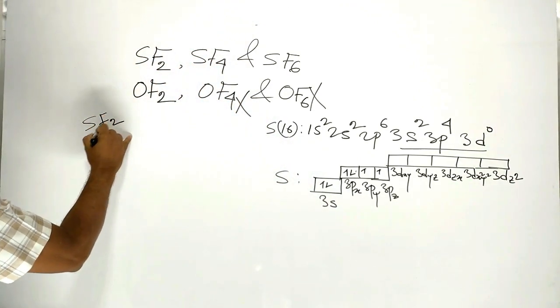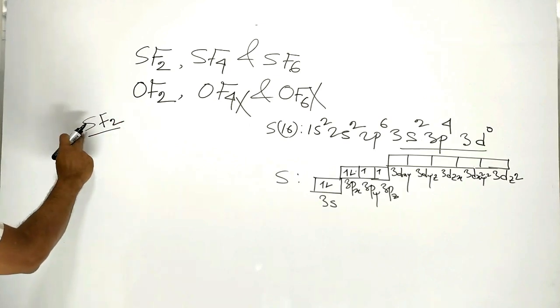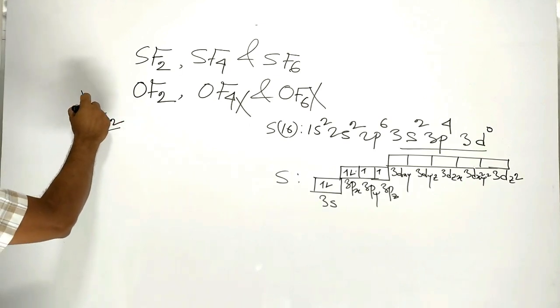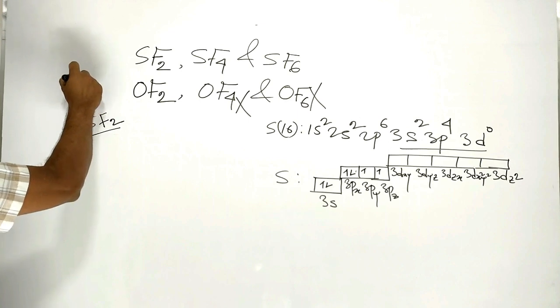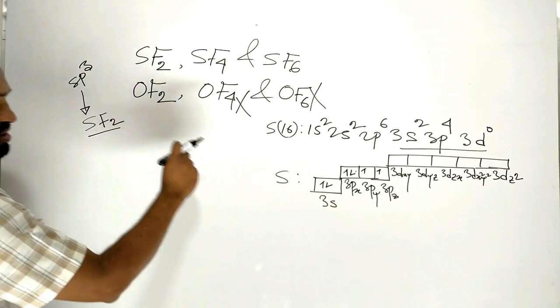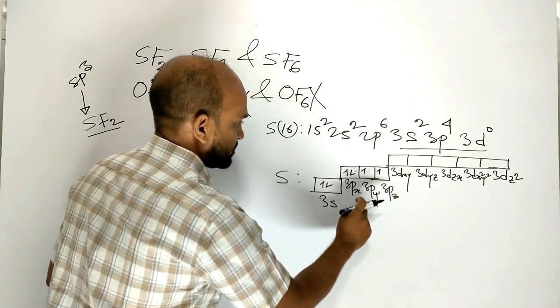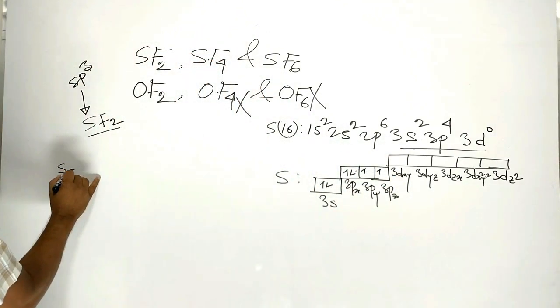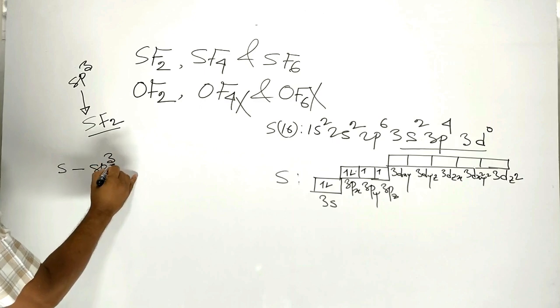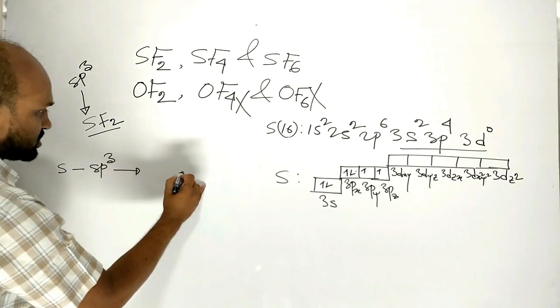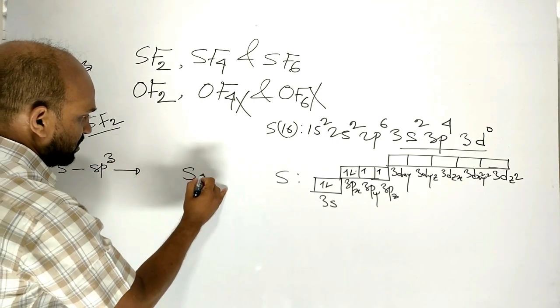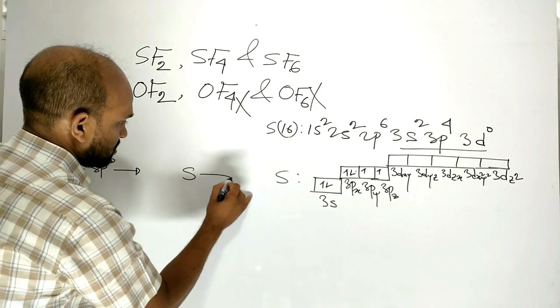In sulfur difluoride, sulfur is sp3 hybridized, that is the s and these 3p orbitals. Sulfur is sp3 hybridized. The orbital structure is 4 orbitals.